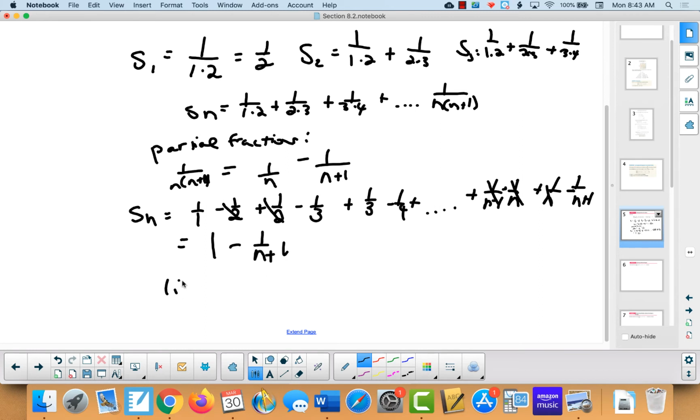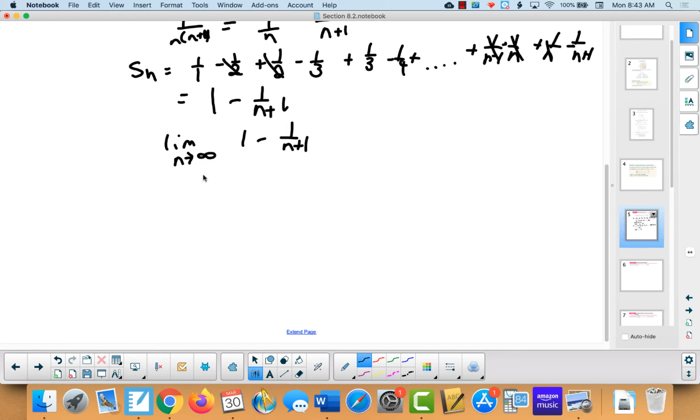So if we do the limit as n approaches infinity of 1 minus 1/(n plus 1), that's going to be equal to the limit as n approaches infinity of 1 minus the limit as n approaches infinity of 1/(n plus 1).